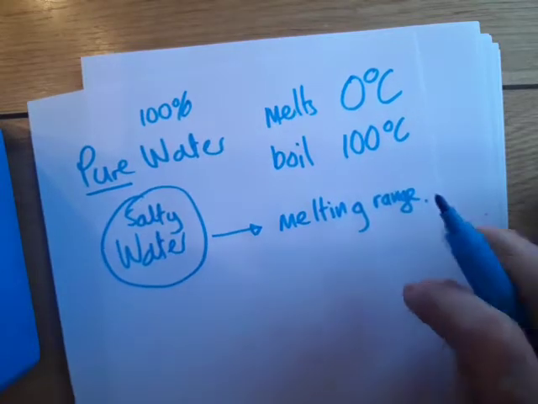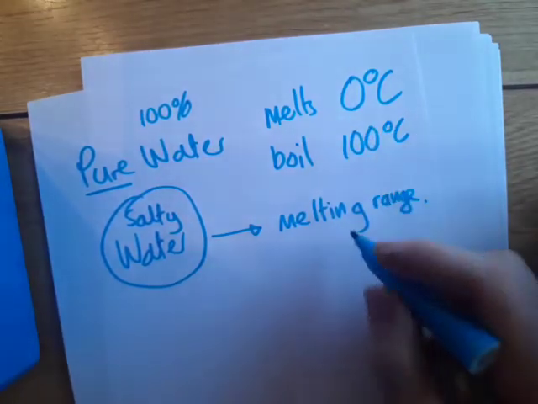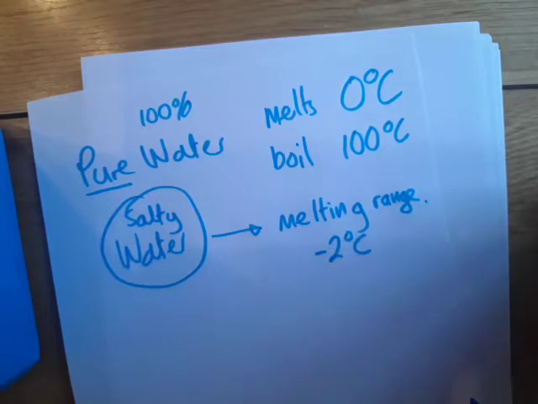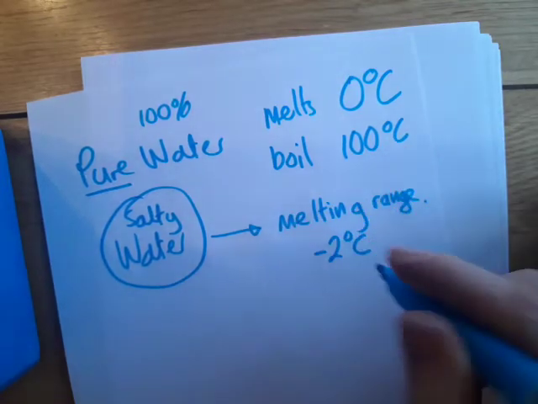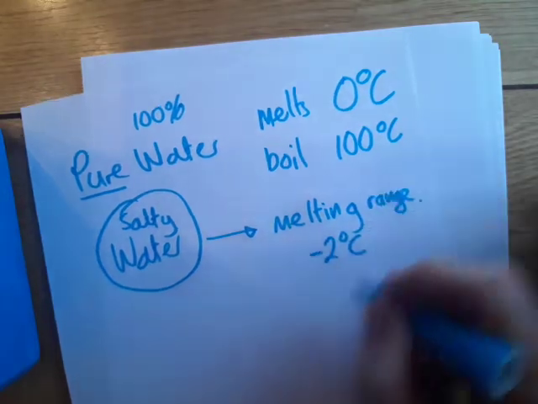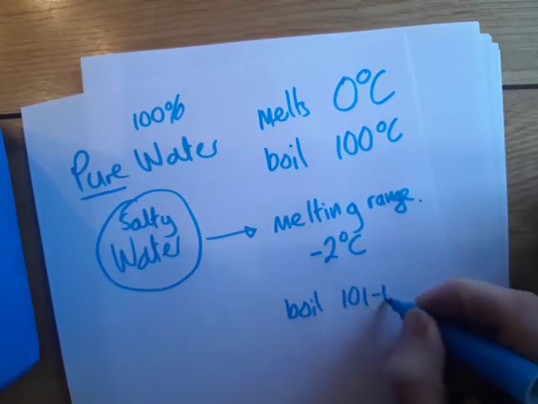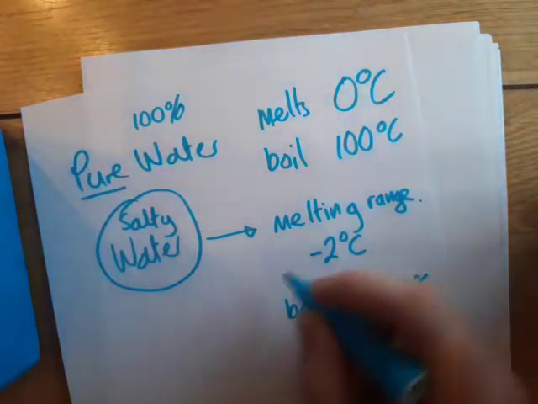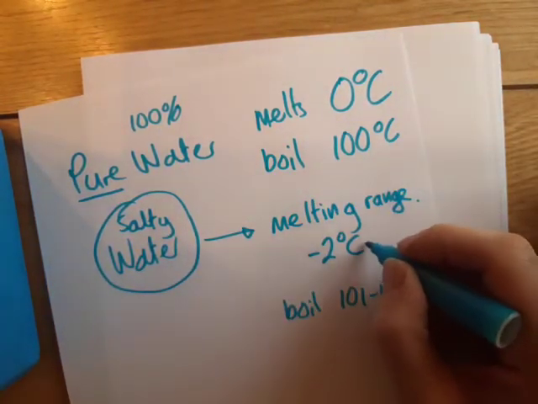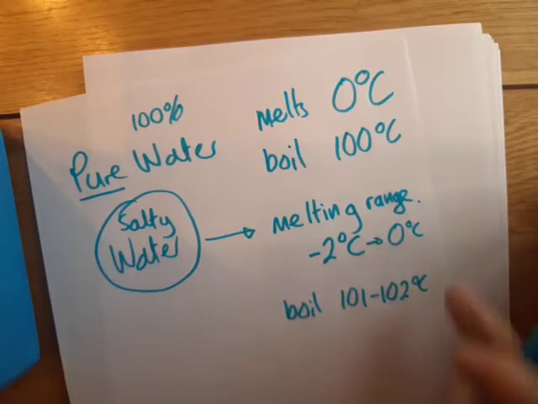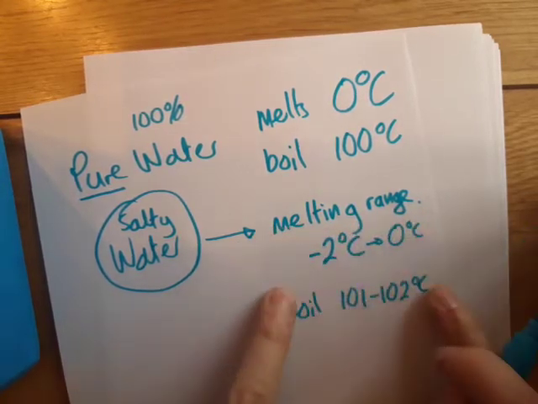So you will find that instead of melting at 0 degrees C, it might melt at maybe -2 degrees C. And instead of boiling at 100 degrees C, it might boil between maybe 101 and 102 degrees C. So the melting range might be between -2 and 0. So you have this range over which it will melt and boil.